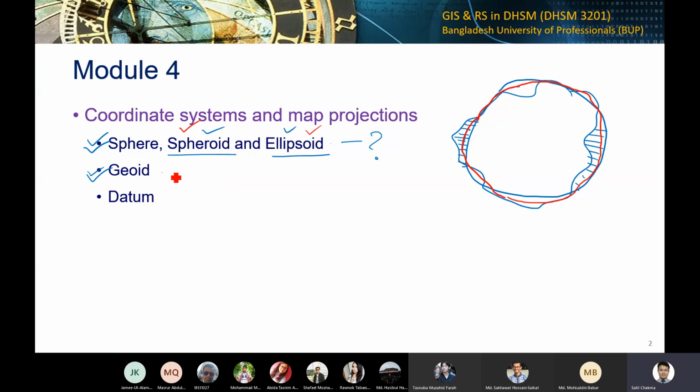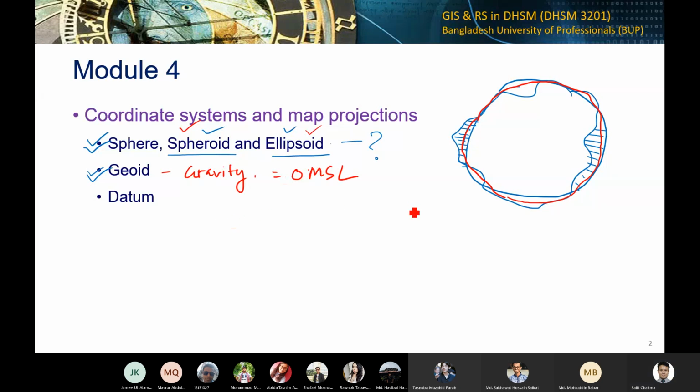We do that based on gravity, the gravitational force. We find points where the gravitational force is constant, and based on this gravitational force, we select one value to be zero mean sea level. Then we calculate the entire mean sea level for the entire Earth.